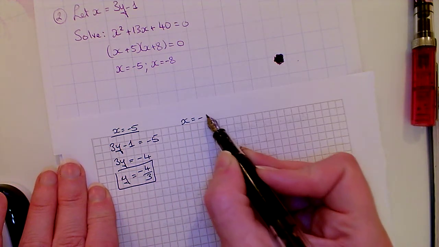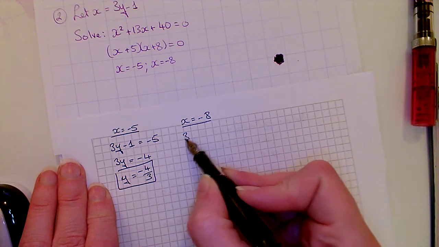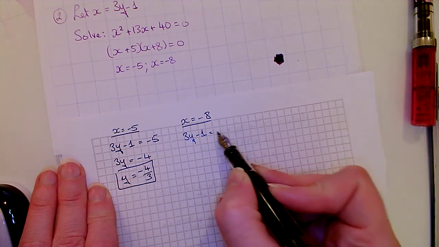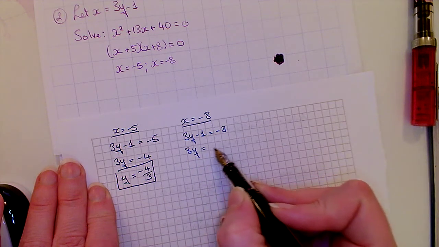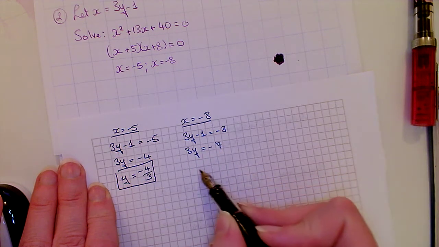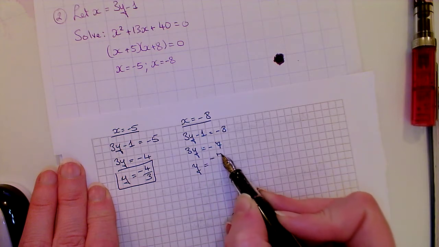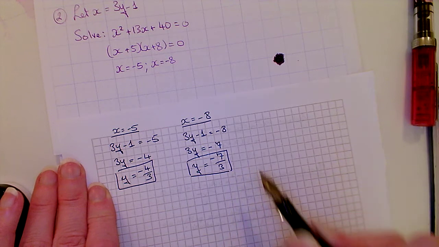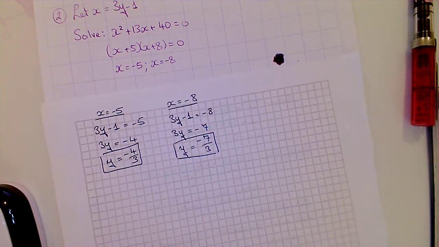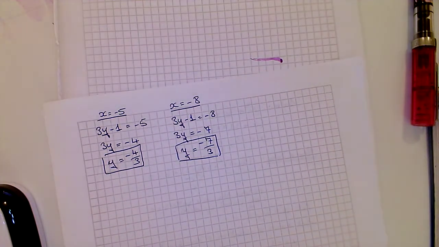When x is equal to minus 8, 3y minus 1 is equal to minus 8, 3y is equal to minus 7, and y is equal to minus 7/3. And those are my answers. That's everything that I wanted. Okay, now let's go back to what we were doing in the notes.